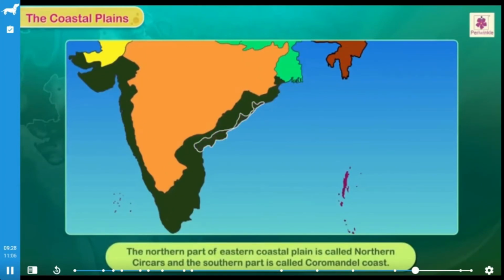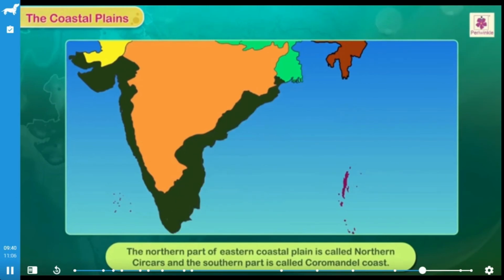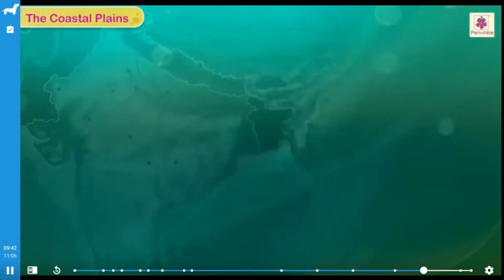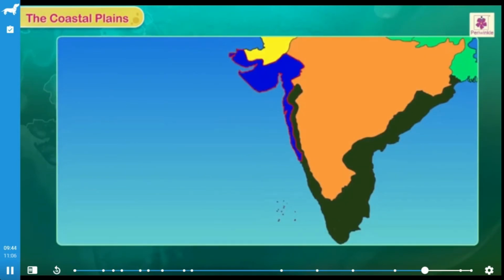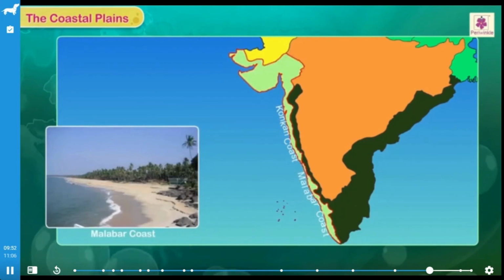The northern part of the eastern coastal plain is called Northern Sircars, and the southern part is called Coromandel Coast. The northern part of the western coastal plains is known as Konkan Coast, while its southern part is called the Malabar Coast.